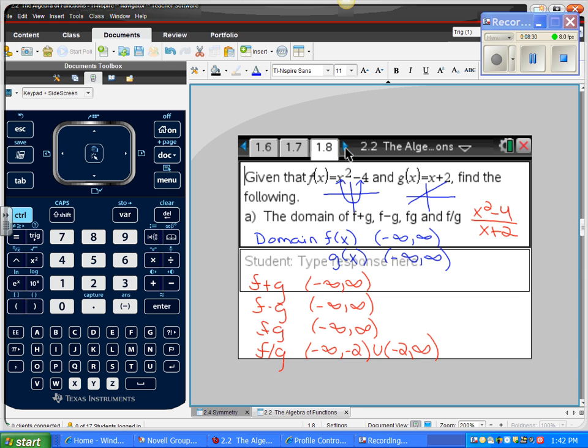So all of the values from negative infinity to positive infinity, excluding, that's why these are open, my value of -2, because that would make my function undefined. Okay, so I hope that helped. We're getting the hang of this.